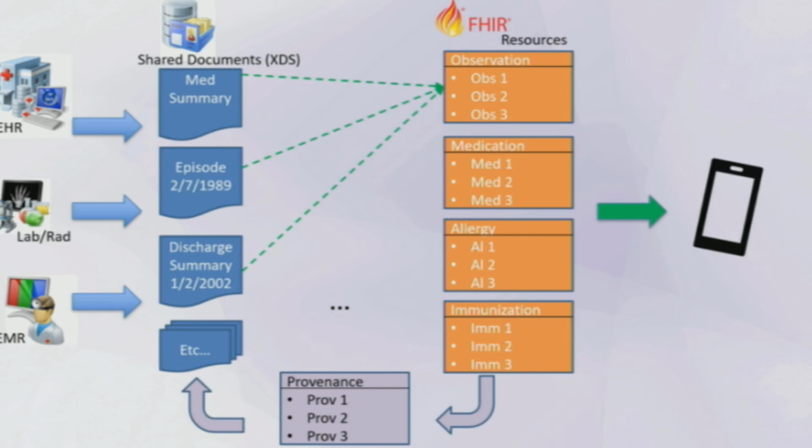It doesn't want documents, it wants those things. So I have some engine that's pulling all of these observations out, but it's also creating a provenance so that if I'm looking at medication 2, I can look, what's the provenance of medication 2?